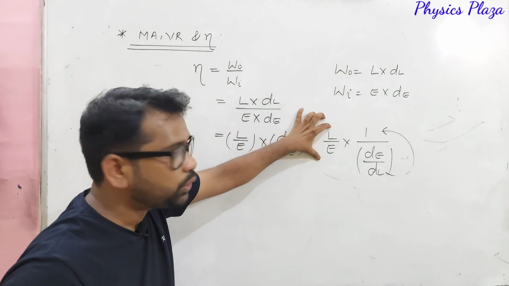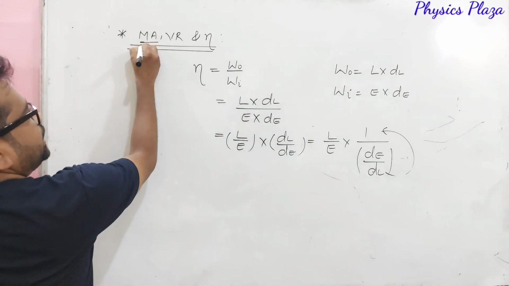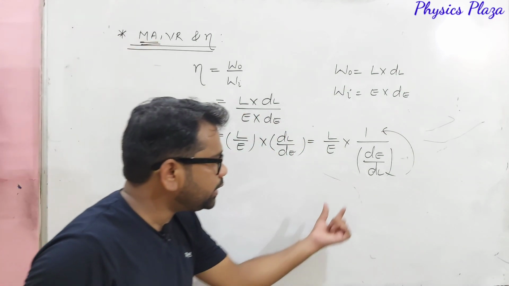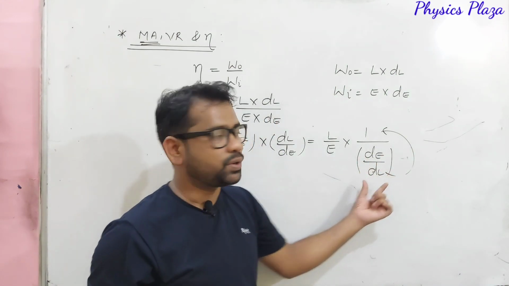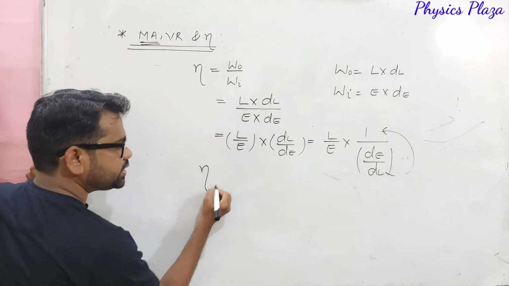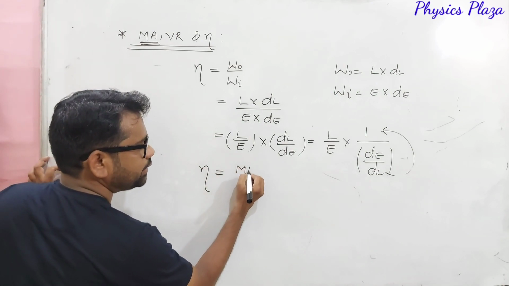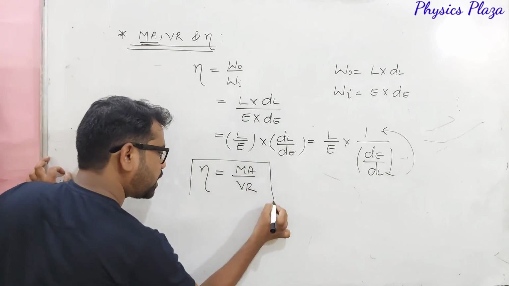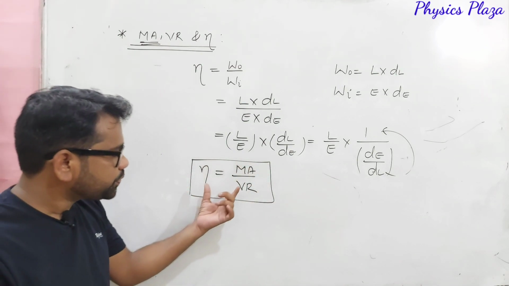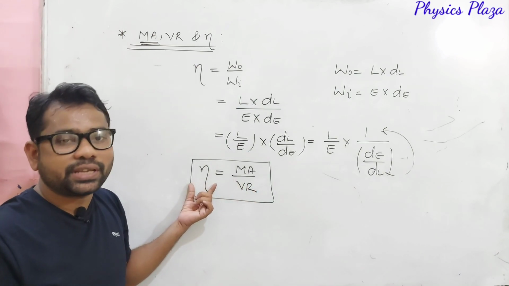Load by effort only we can call a mechanical advantage. But what about effort displacement by load displacement? It is called velocity ratio. So here efficiency is equal to mechanical advantage by velocity ratio. So children, this is how mechanical advantage, velocity ratio and efficiency are related.